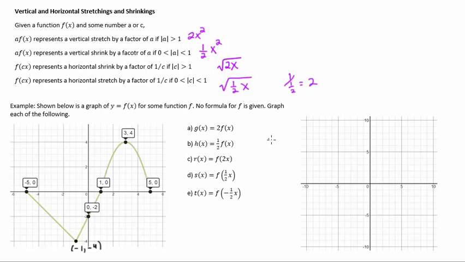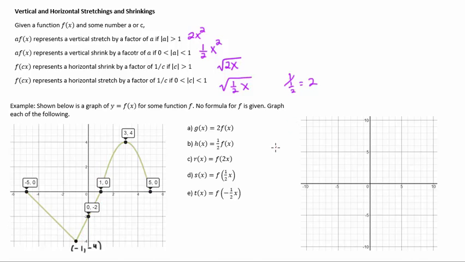It doesn't really have an easy formula anyway. It would be a piecewise function. But we want to graph each of the following. I'm going to start out with A, and I'm going to graph 2 times f of x. This green function is f of x.